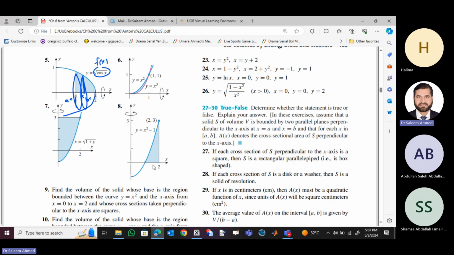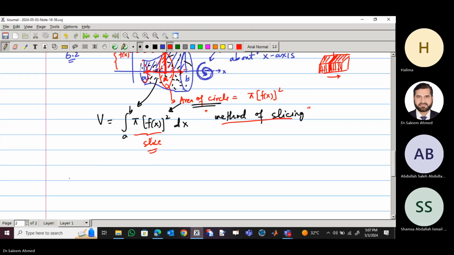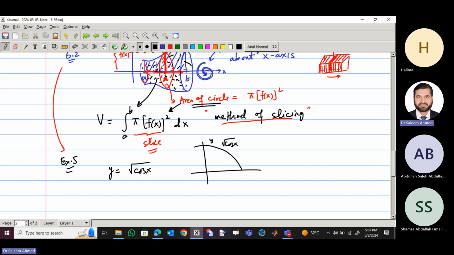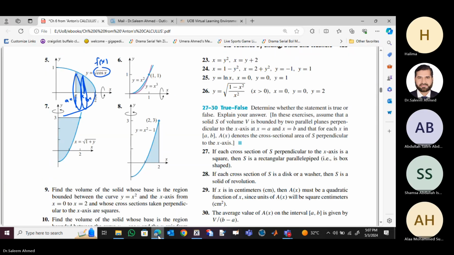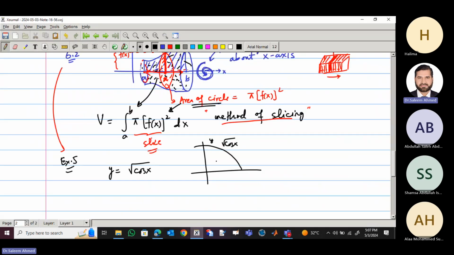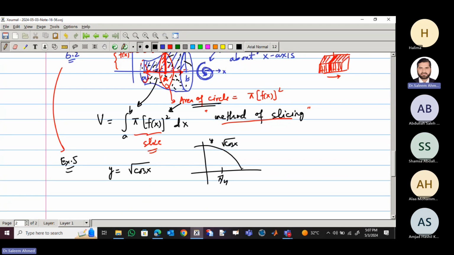So what do I need? Section 6.2, exercise 5. They gave me y is equal to square root of cosine x, from pi by 4 up to pi by 2.